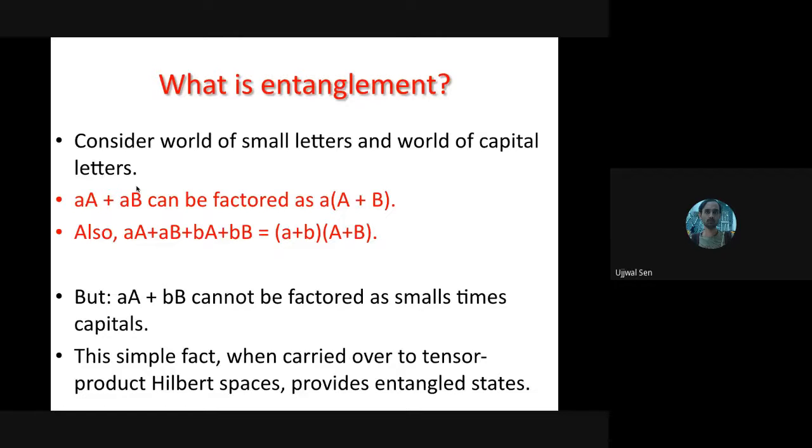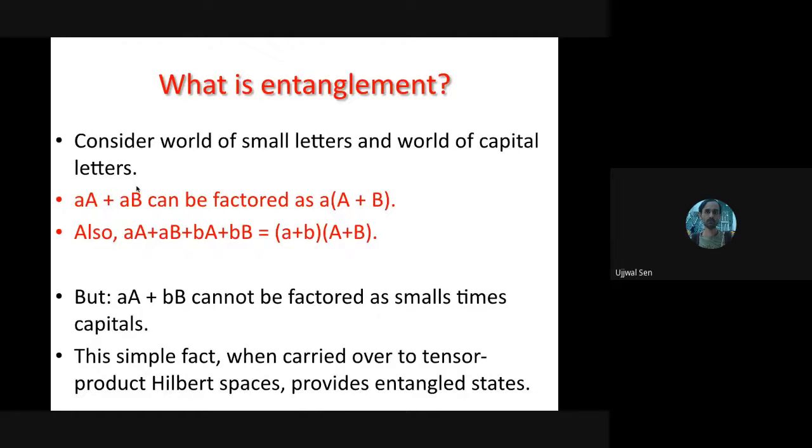So let us, in our mind, think about two worlds. One world is a world of small letters, small a, small b, small c, etc. And there is another world, the world of capital letters, capital A, capital B, and so on.